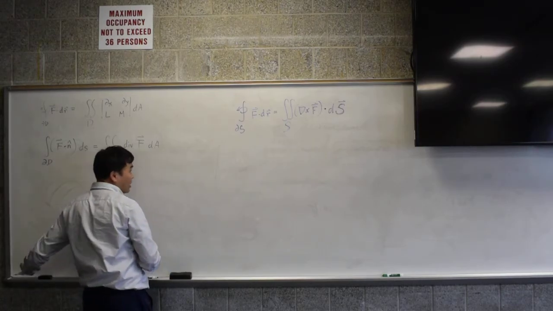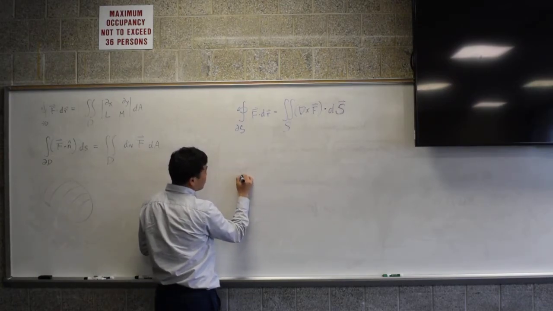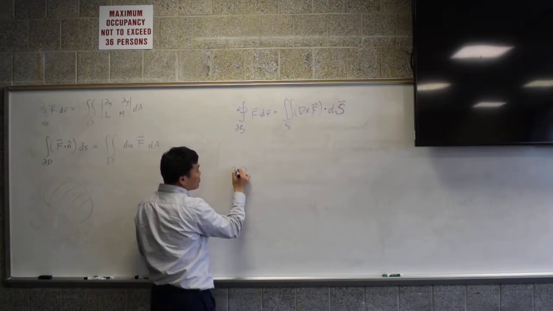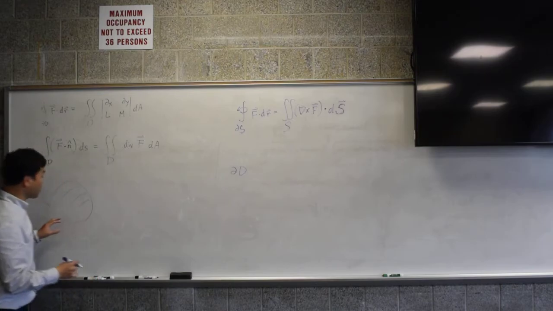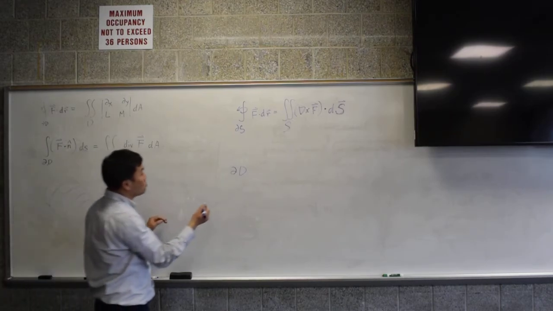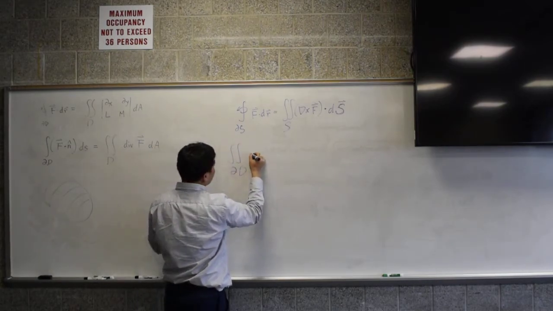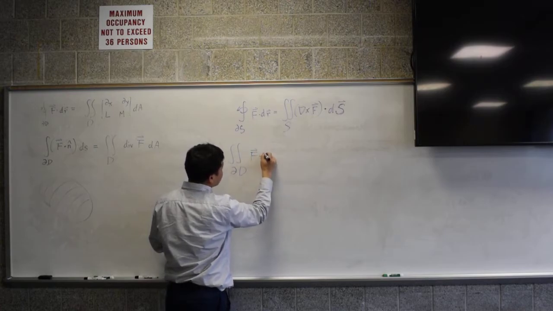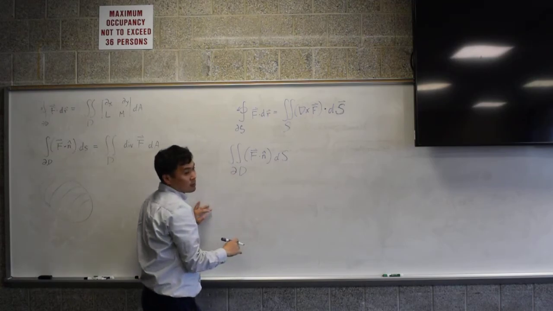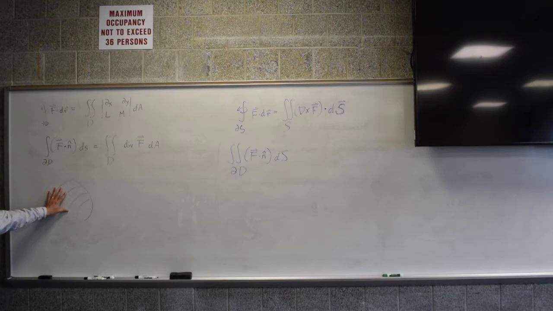So the 3-dimensional analog is if you have a region in 3D, let's say some domain in 3D, the boundary of the domain is no longer a curve. What is it? The boundary of the domain is a surface, right? So you have to do a double integral, not a single integral. And if you do f dot n dS, that calculates the flux of the vector field going through this region D.